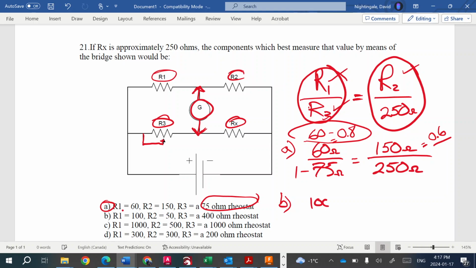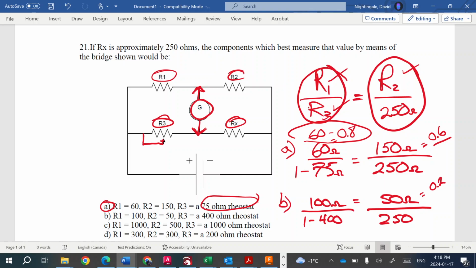All right, so let's go through B now. So this time we have 100 ohms for R1. R2 is 50. Our rheostat is anywhere from 1 to 400. And Rx again is 250. Okay, so let's solve the ratio here. 50 divided by 250 would give us 0.2.